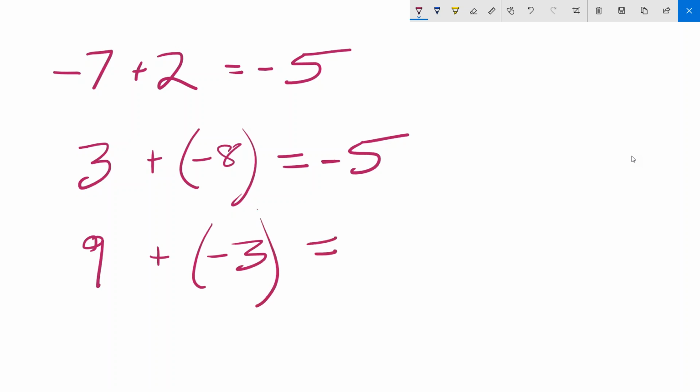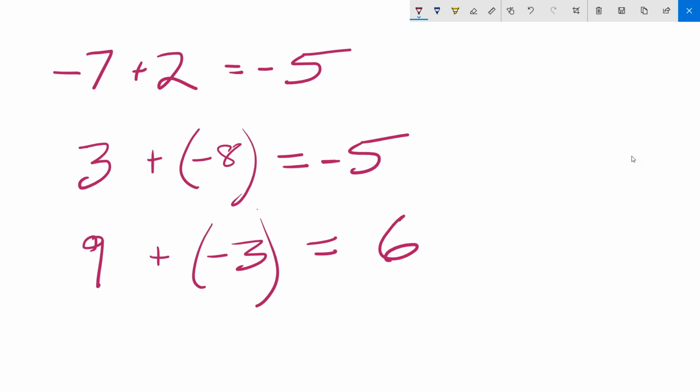Again, we're adding a positive number to a negative number. What are you going to do? Sorry, my dog wanted let out. 6. Okay. Now put the sign on it.